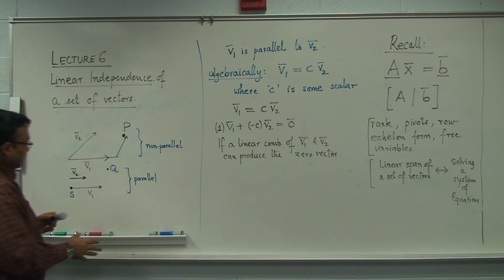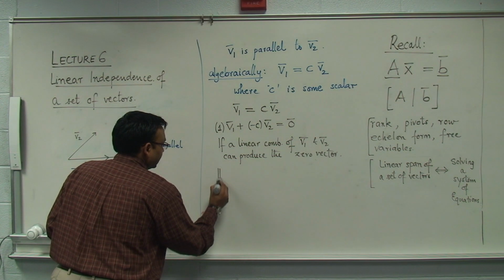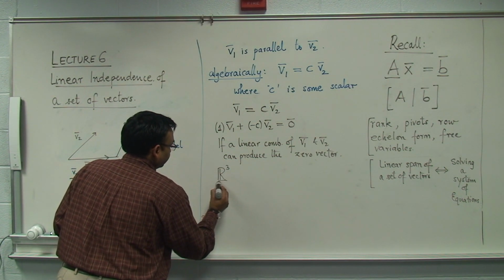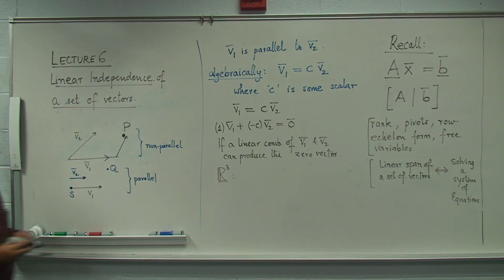Now parallel means it is lying along the same line. So if we go to a higher dimension, R3, when do we say that vectors are lying in the same plane?